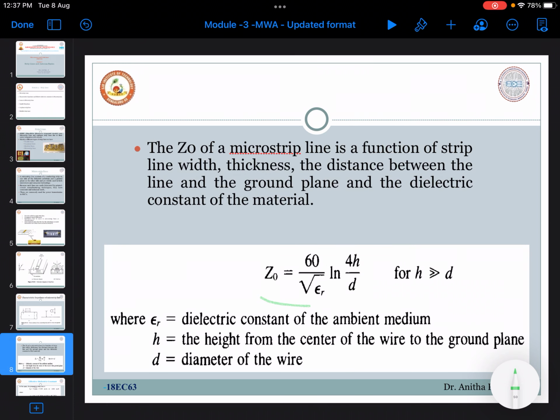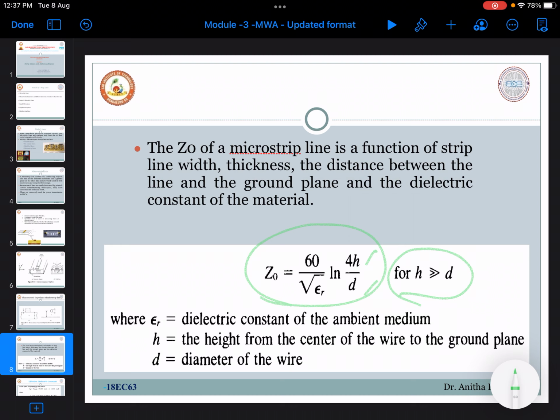The Z0 value is given based on the height and the diameter of the wire, and this condition has to be satisfied: h must be much greater than d. So Z0 equals 60 by square root of epsilon r into ln of 4h by d.